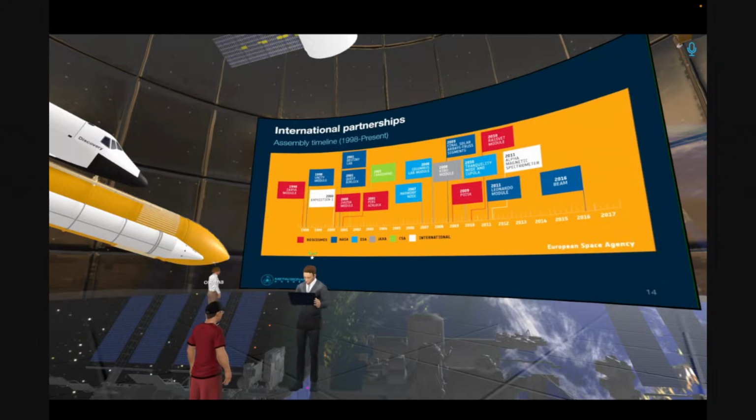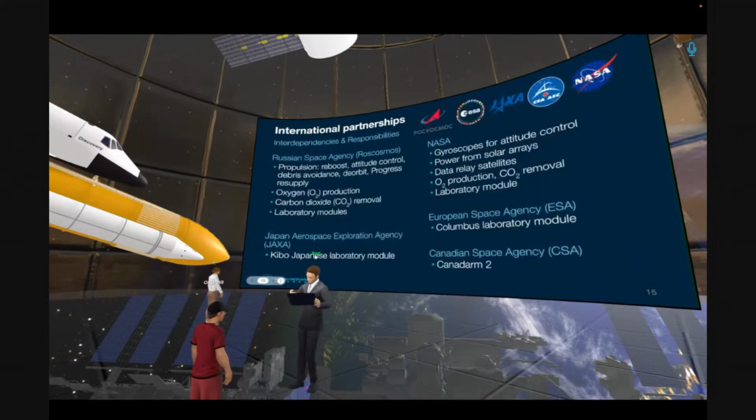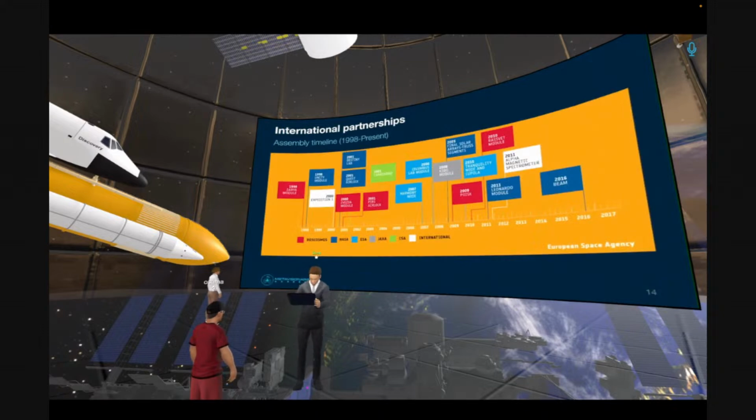The Japanese Space Agency, JAXA, contributed the Kibo module, which is shown in gray, in 2008. And Canada contributed the Canadian arm. And then certain pieces were made by international partners, one expedition in 2000 and then another one in 2011. But there's a lot of countries that were involved in the assembly of this great space station.